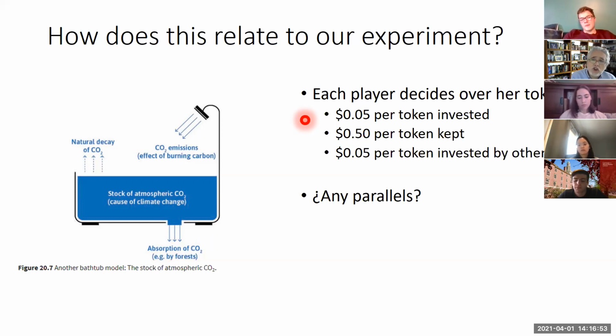So what would you say could be an example of that opportunity cost of investing? Again, if you invest a token, you give up 45 cents from investing that token, because otherwise you would be earning 50 cents. What would be an example of that opportunity cost of a country with respect to the climate change game? Anyone else?